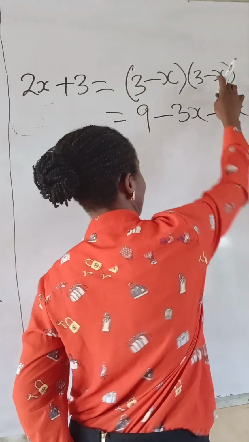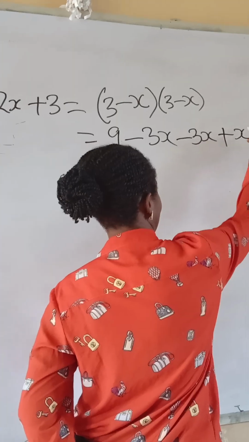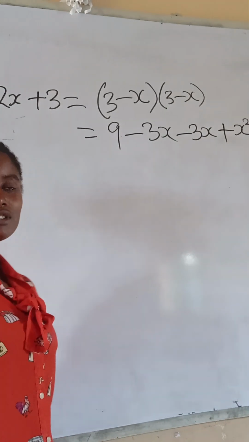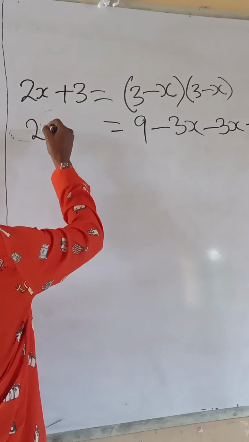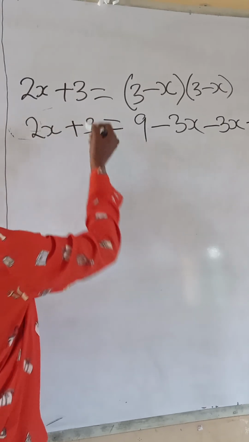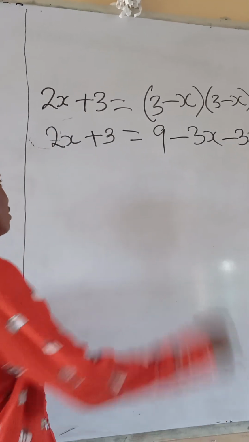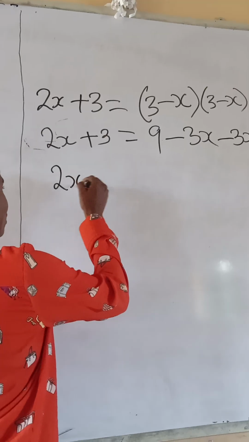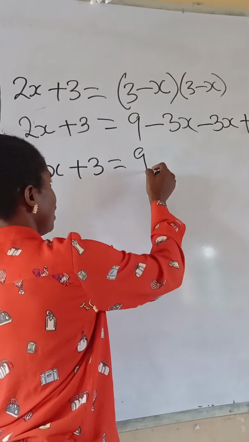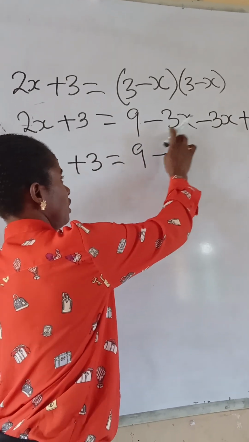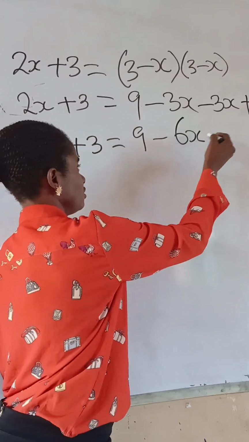Minus x times minus x is going to give us plus x squared, because minus times minus is plus. We bring down this 2x plus 3. From here, we are going to simplify. We have 2x plus 3 is equal to 9 minus 3x minus 3x, which gives us minus 6x plus x squared.